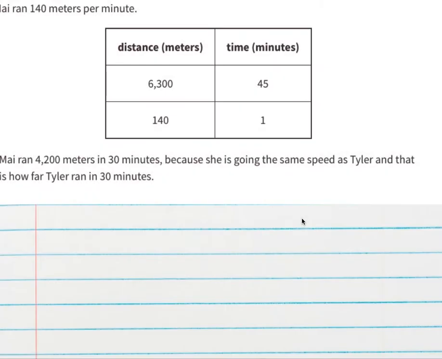Okay? So Maya ran 140. We had to convert those kilometers to meters. 6,300 and 45, divide both by 45. 6,300 divided by 45 is 140.